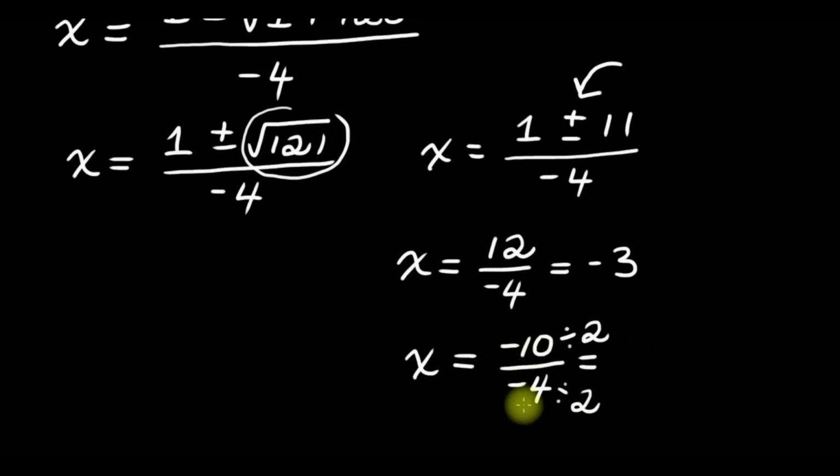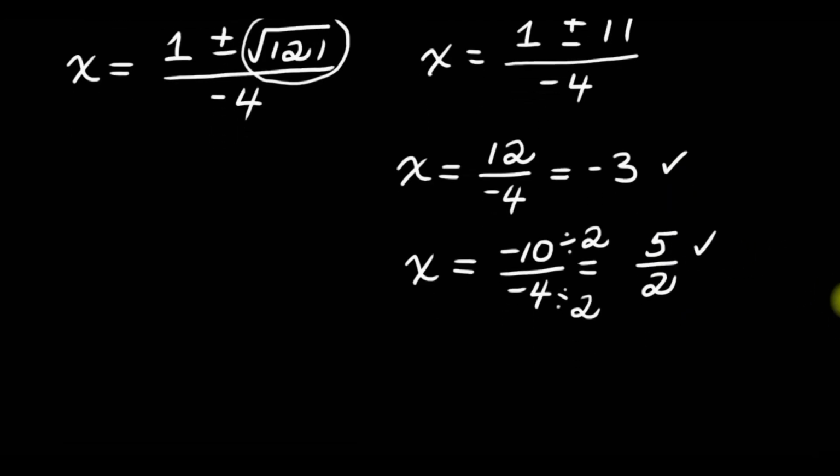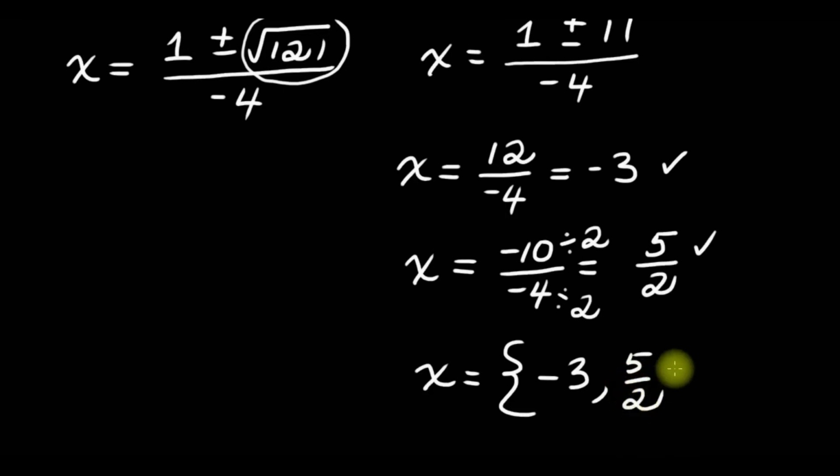And we know that negative over negative makes positive. So we're going to have 5 over 2. Okay, so these are the two answers. And then we're going to go ahead and put those two numbers in a solution set. So x is negative 3 or 5 over 2.